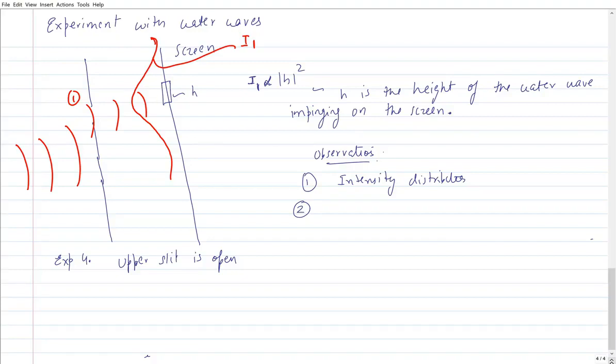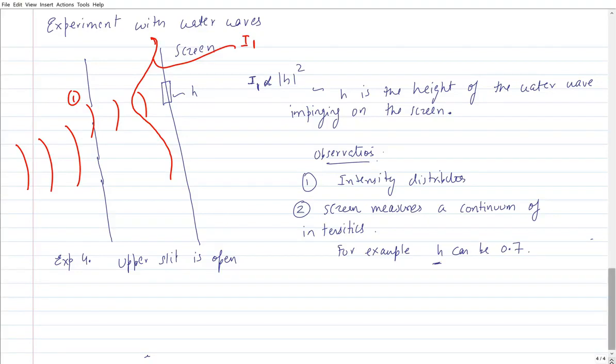But in this particular case, the screen measures a continuum of intensities. So, for example, h can be 0.7 over here.